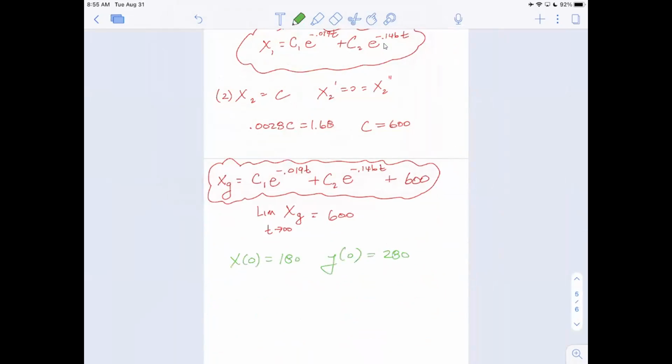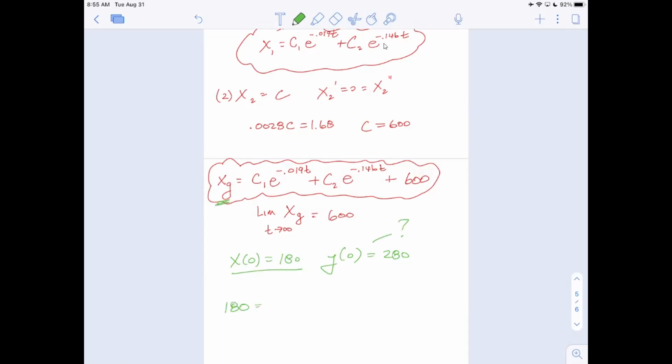And I'm thinking to myself, how is this one going to do me any good? Because I don't have a y equation. But at least I can start with this one. At time 0, I'm supposed to have 180. Okay, well, that means x is 180.